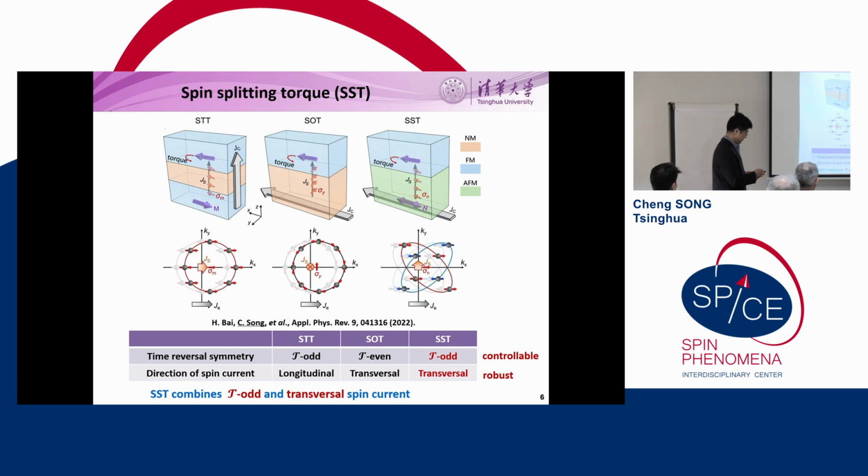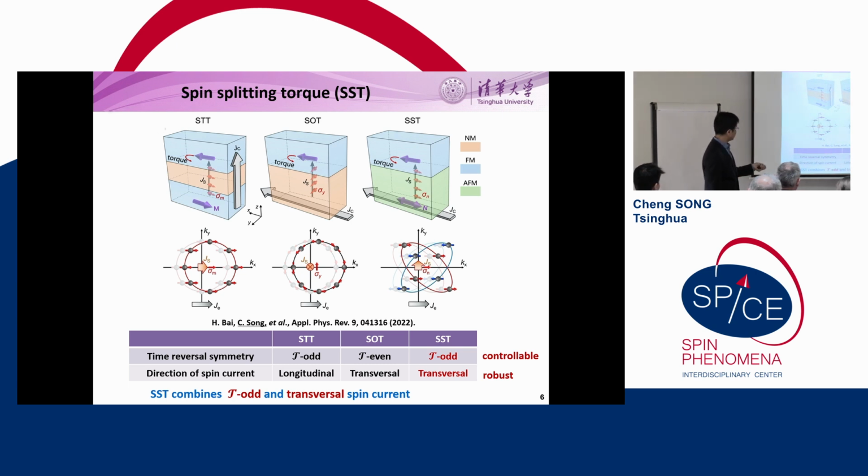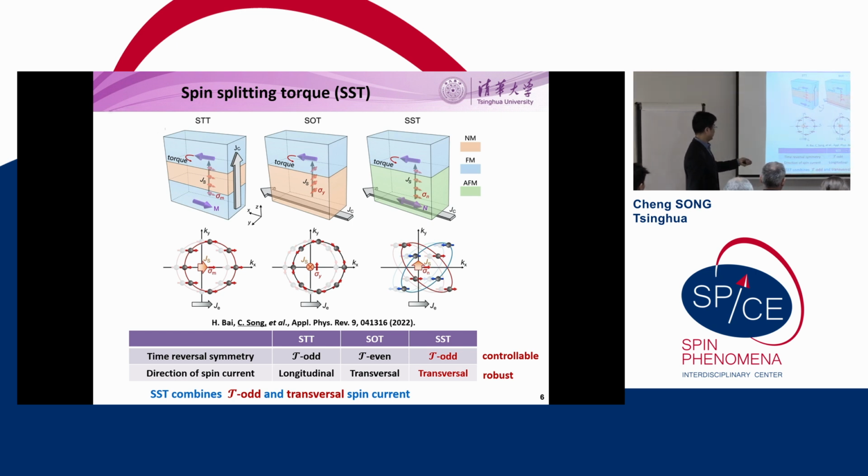You can see here that the spin splitting torque shows time reversal odd behavior. This is quite similar to spin transfer torque, which is sensitive to the ferromagnetic polarization, so the spin splitting torque is controllable.